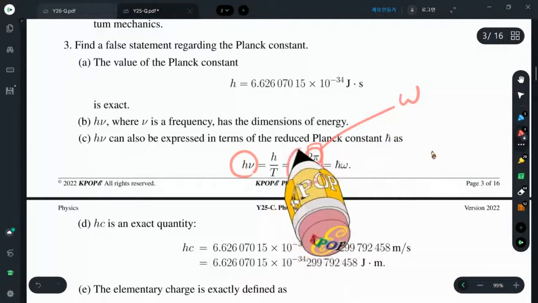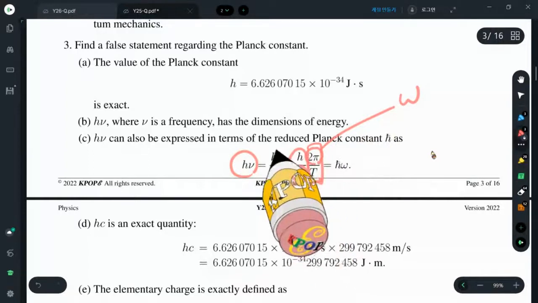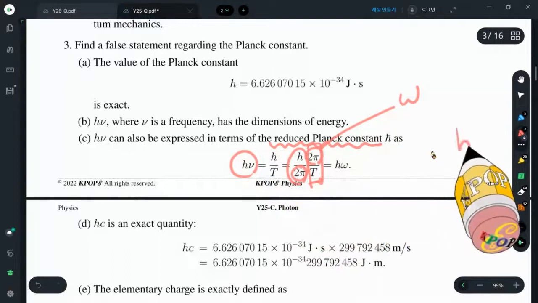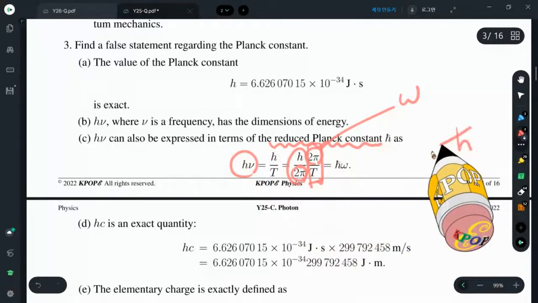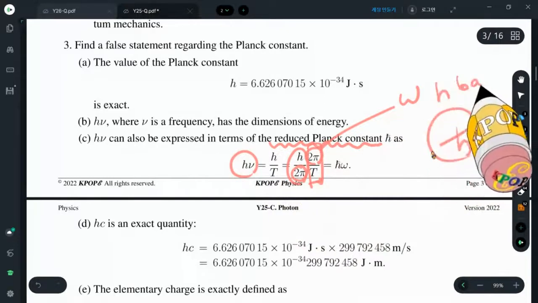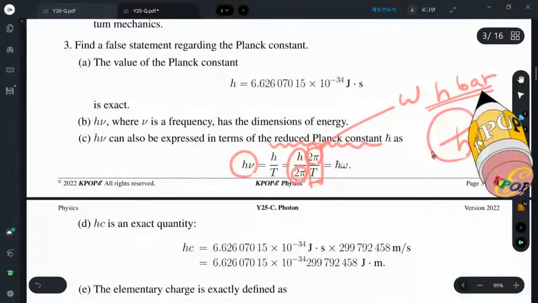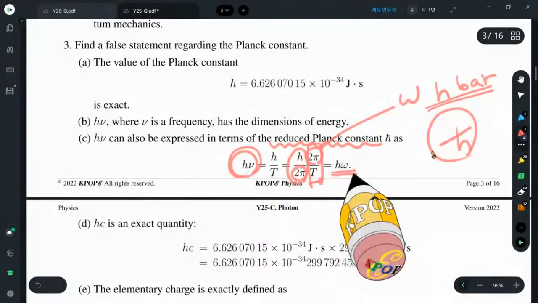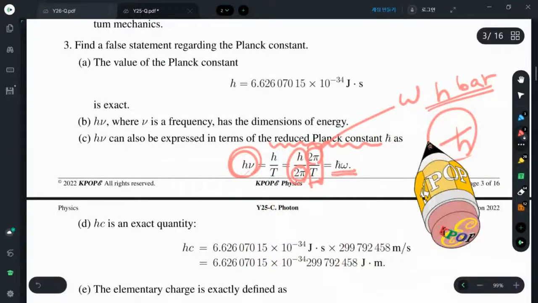So h divided by 2 pi is called the reduced Planck constant, and we use a slash, and we read it h bar. Okay, so h nu is nothing but the same as h bar omega.